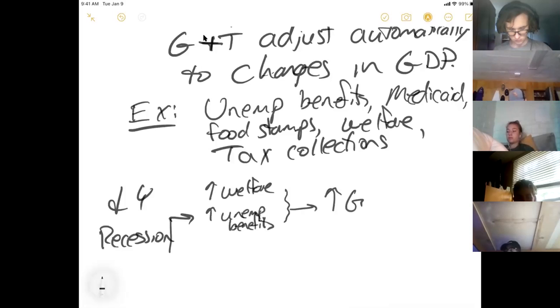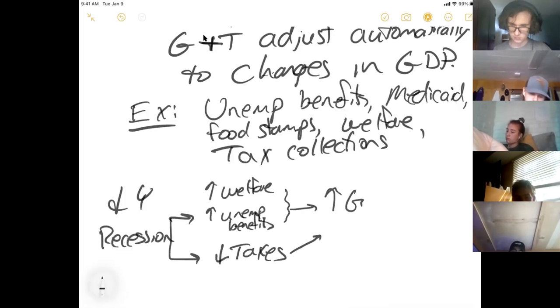The same holds with our tax code. When your income goes down, your taxes go down, because of your income taxes. So automatically your income taxes go down, because when GDP falls, your taxes go down.